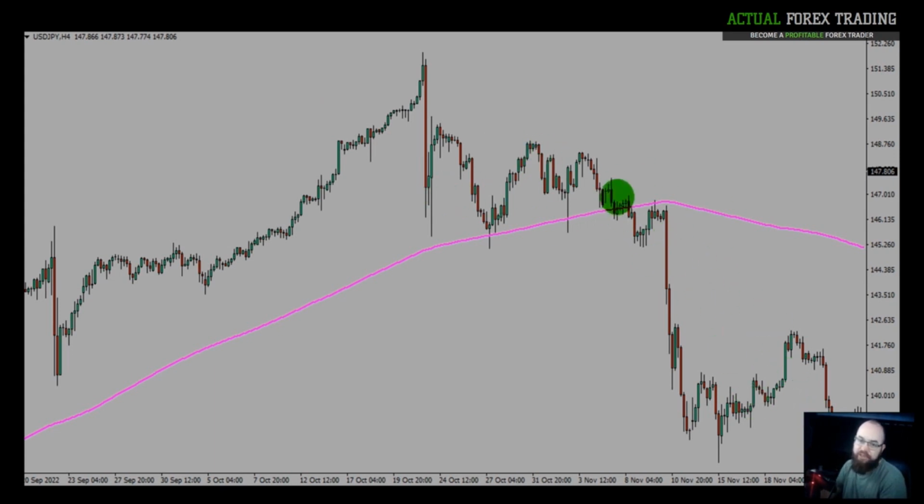Now these moving averages, as well as many indicators, if not all indicators, are referred to as lagging indicators. It means that they use historic price data, so it's not in real time. These moving averages will generally signal changes of market direction or signal other things after it's actually happened.